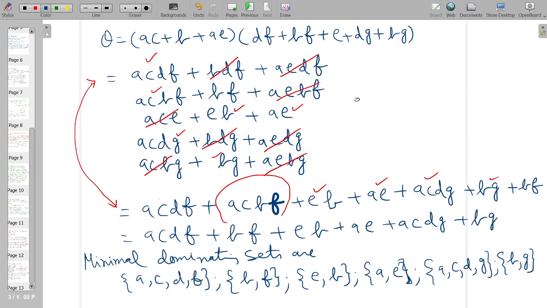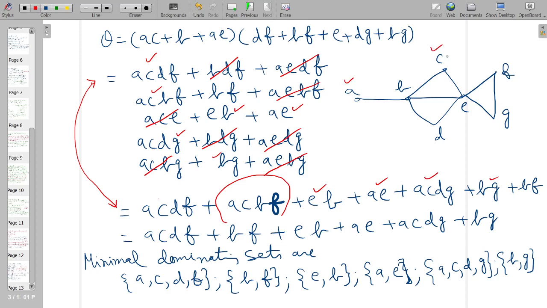So if I take a graph like this, A, B, C, D, E, F, G. So the first set would be A, C, D, F. Yeah, this is a minimal dominating set. The second one would be B and F. B and F is again a dominating set.